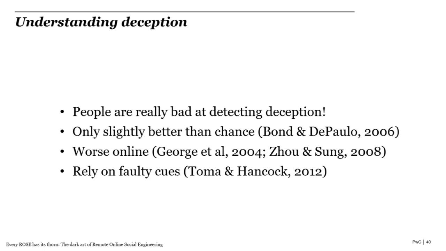And this is actually even the case with people who do this for a living. So historically, research has shown that police officers, for instance, are not any better at detecting deception than the average person. Even if they're trained and experienced, it just makes them more likely to think someone is lying when they're not. But they don't necessarily have a better chance of doing it.